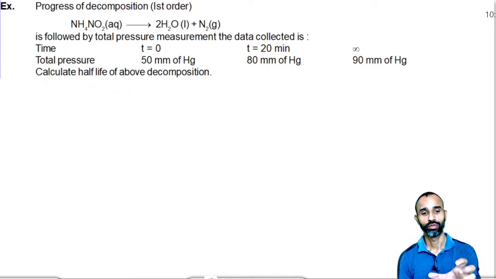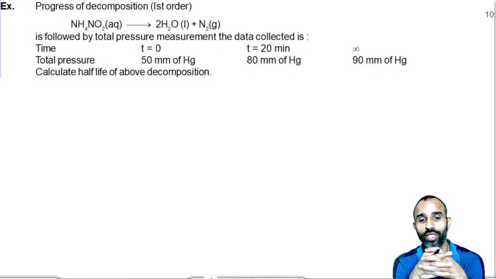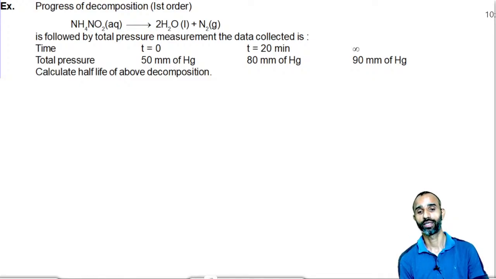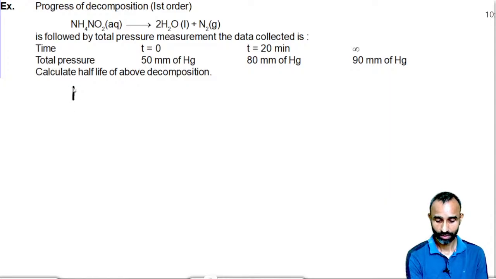Okay, do this question. Progress of the reaction NH4NO2 aqueous gives 2H2O liquid plus N2 gas. The total pressure measurements are given. Total pressure at 0 time, P naught, is 50 mm of Hg.